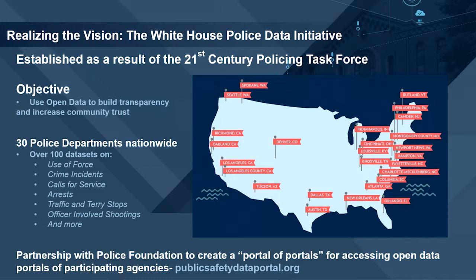This effort was spearheaded by the White House and through public-private partnerships with companies like Esri and the Police Foundation. A portal of portals was created that all participating agencies could share data into and would connect to their open data portals. At last count, there were 30 police departments nationwide participating, and that number continues to grow.